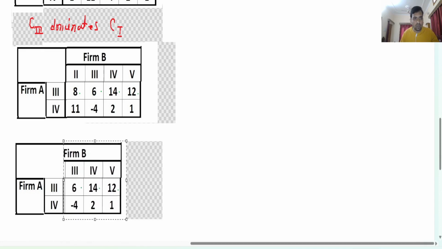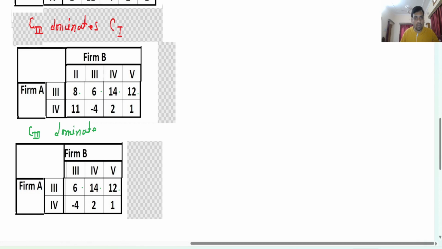So the reduced payoff matrix is this one, and in this case this third column dominates column second. So the reduced payoff matrix is this.